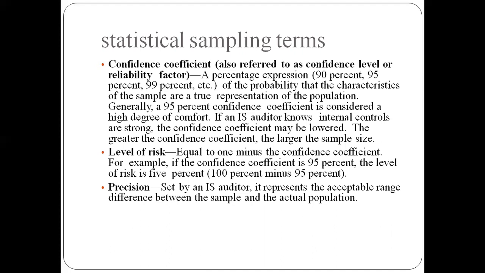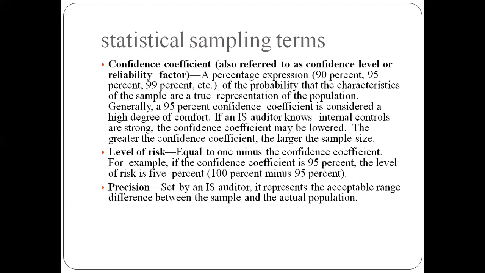The opposite of confidence coefficient is the level of risk. The level of risk is basically the sampling risk. If you do 100% testing, the level of risk is 0. There's no sampling risk. If you do 95% testing, the level of risk is 5%. You do 80% testing, the level of risk is 20%.